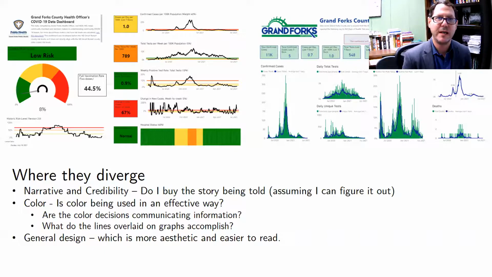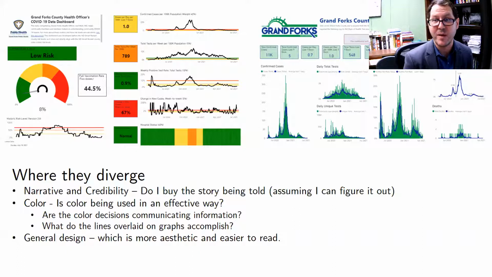Color is terrible in the City of Grand Forks dashboard in that it is a color palette of 2 that doesn't really communicate any additional information to me. I see daily values. Those are those little lines that go up with each of the graphs. Then there's the blue line that's the weekly average.